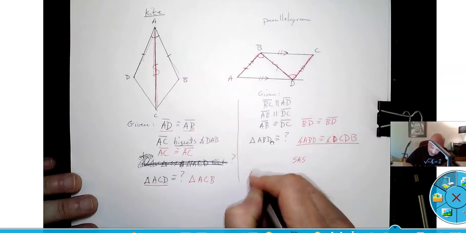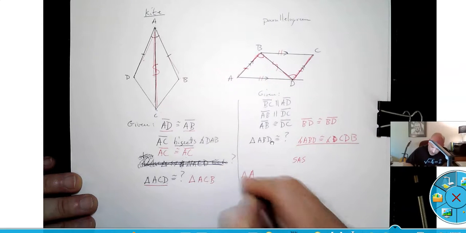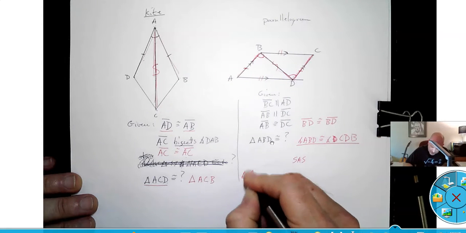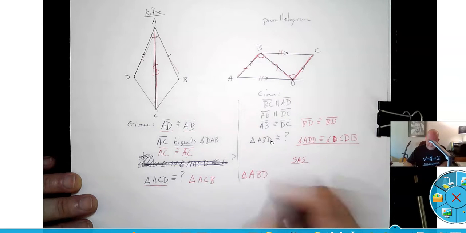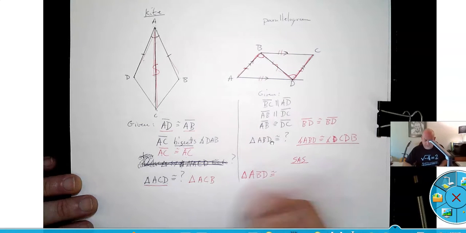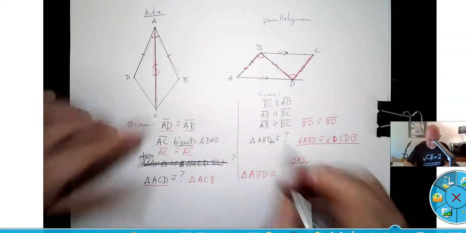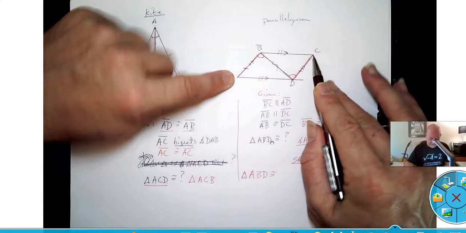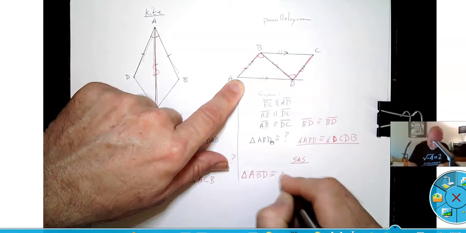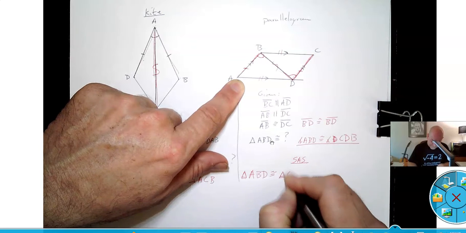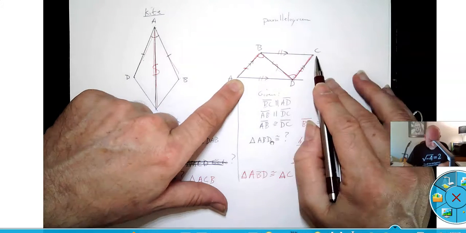So now let's see. Triangle ABD, we know it's side, side, side. Let's see if we can get the correspondence here. So A is going to correspond to C, right? Those are the angles that go together. So we'll throw a C here.